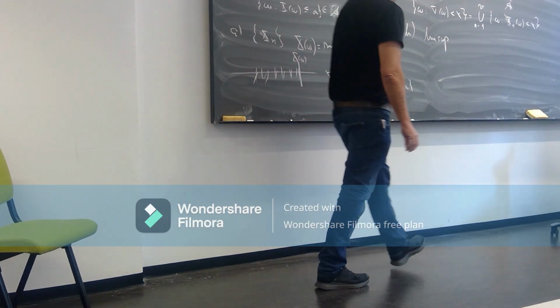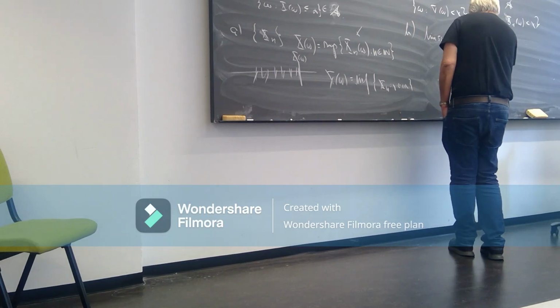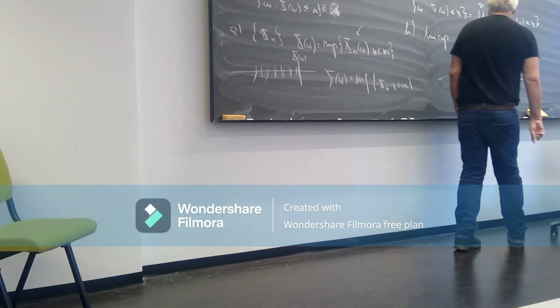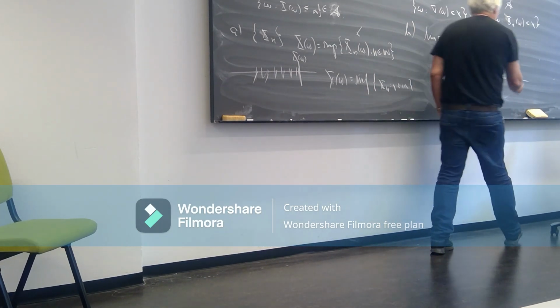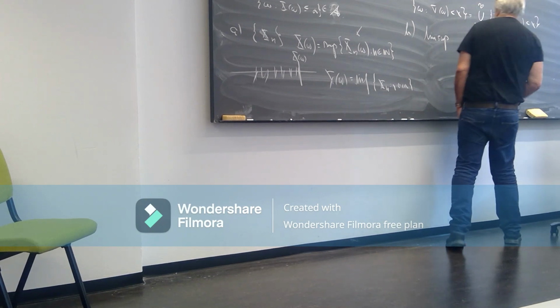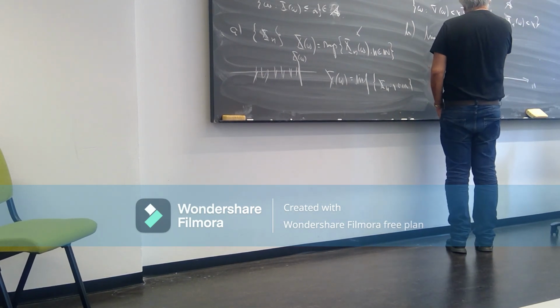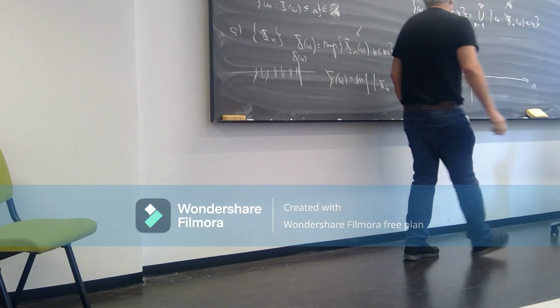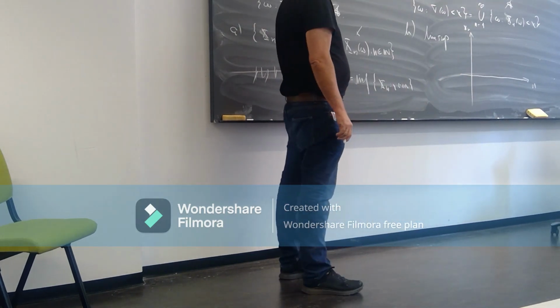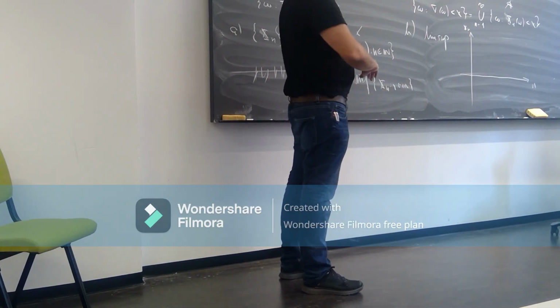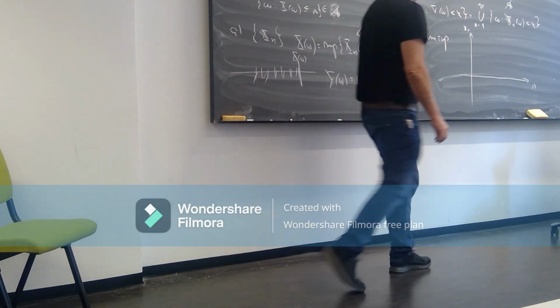So let us imagine it this way. We have a sequence. So this is n going in this direction, and the X_n going in this direction. X_n is just a sequence of numbers. If I plotted them, they would be dots, but I'll just draw them as a continuous line instead.